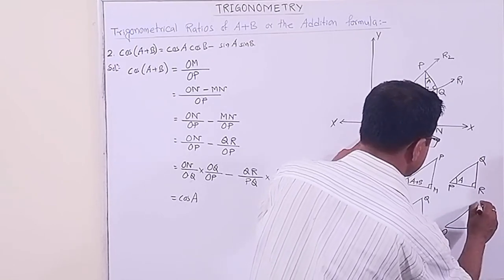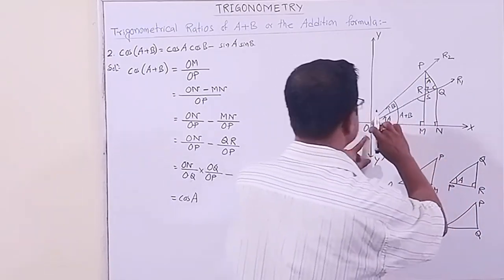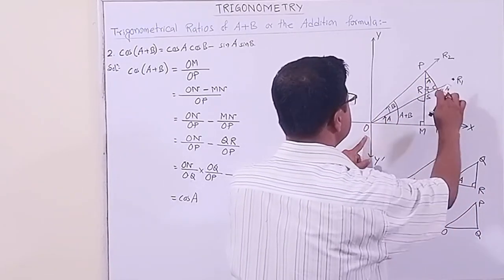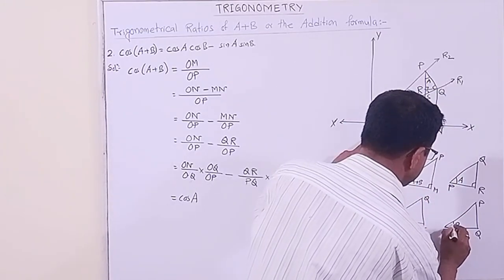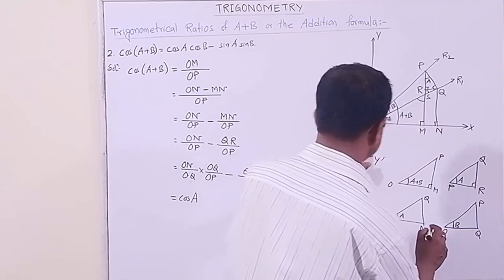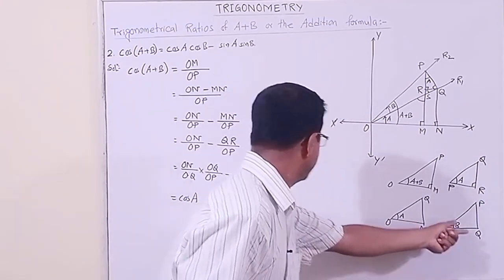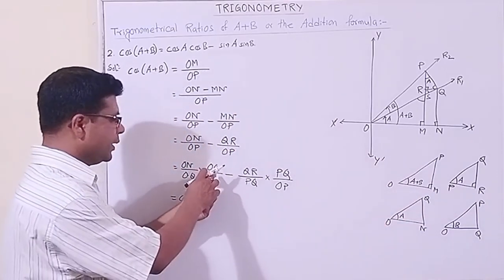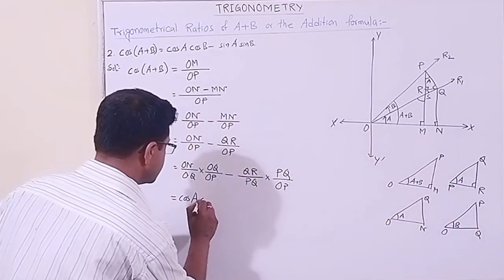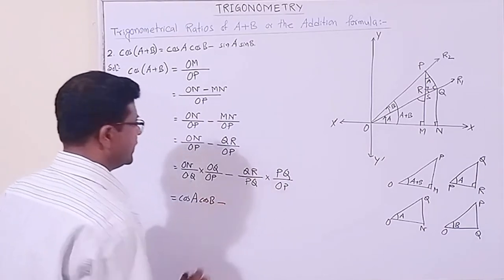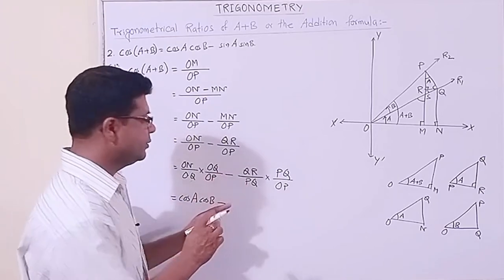So this angle is B in this triangle OPQ. Okay, this angle is B. So here you see OQ, the base, by OP, base by hypotenuse, is cos of B, minus, then QR by PQ. We should get sine now.